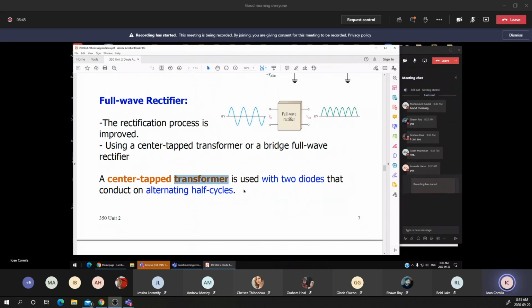We'll discuss the transformer in detail in the next course, ELE350, electrical machines. But at this point, I'm just making a very basic introduction to transformers, because we are using a transformer most of the time as the input voltage.